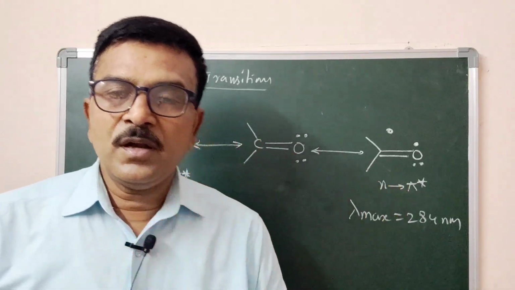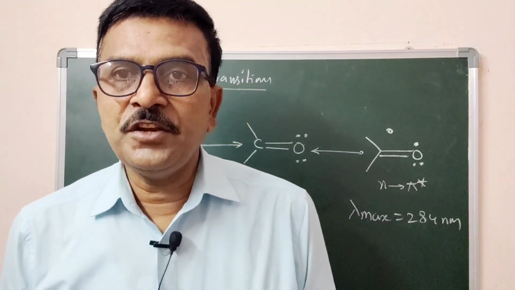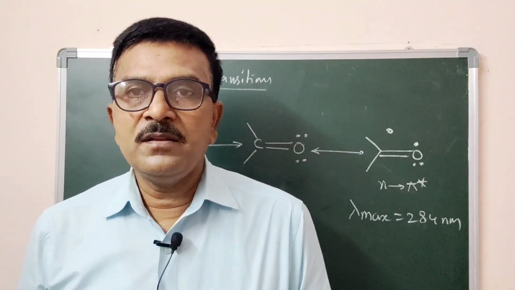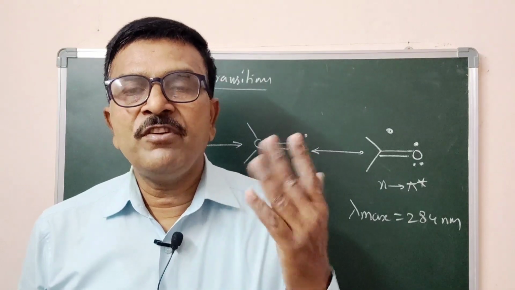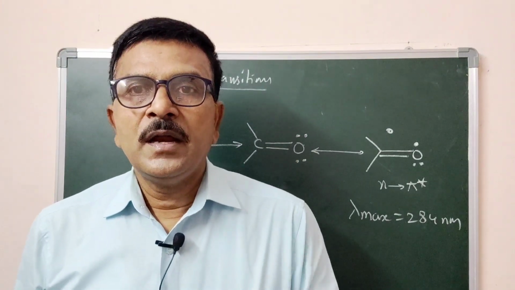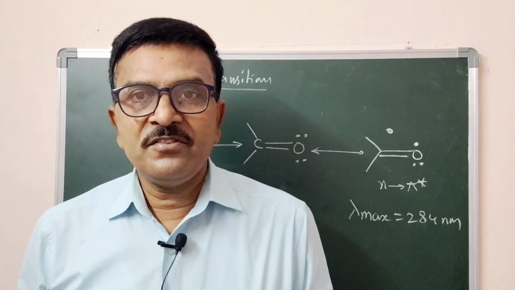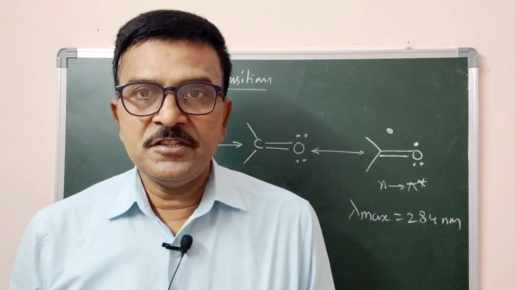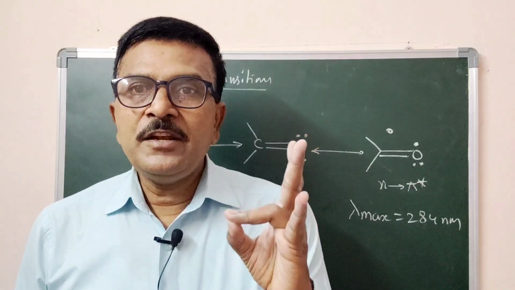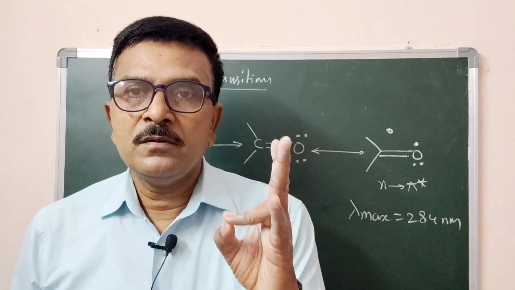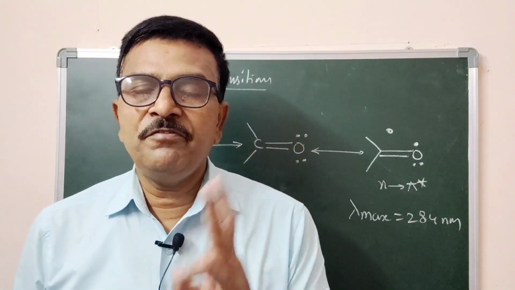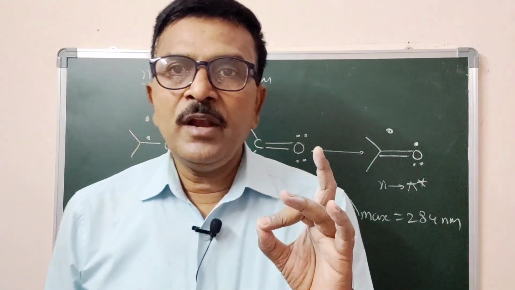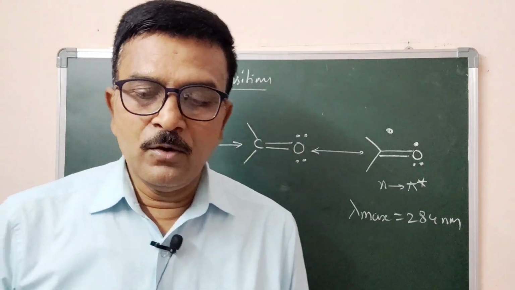So this is about types of electronic transitions, that is, energy levels of various orbitals in a molecule, types of electronic transitions, energy required for various types of transitions, and possibility or non-possibility. For sigma to sigma star, the wavelength required is 150 nanometer. For n to sigma star, the wavelength required is 175 nanometer.